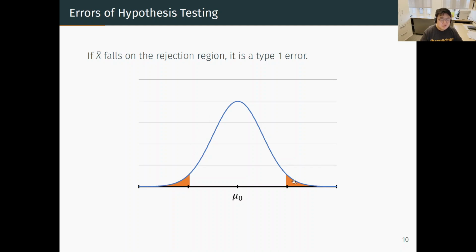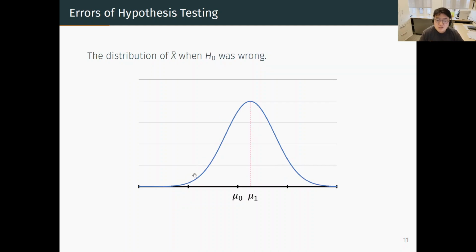This bell curve exists only in our theoretical analysis; you never observe this distribution in real data analysis. So you have to reject it if the data is far from the hypothesis. That is type 1 error.